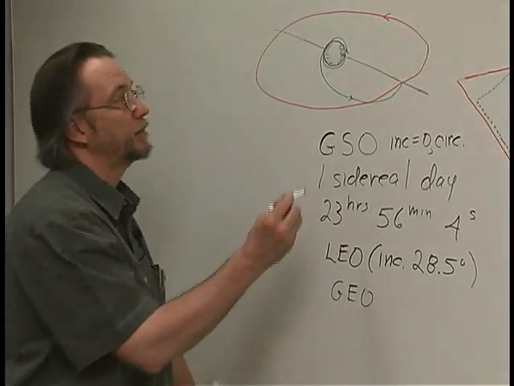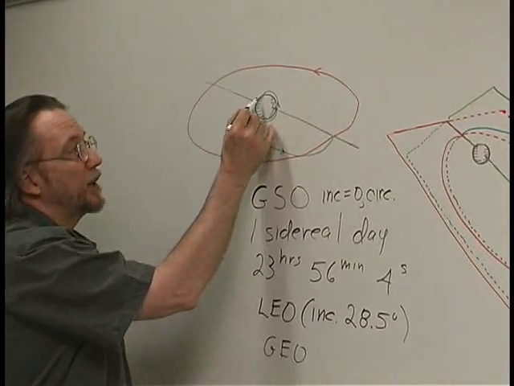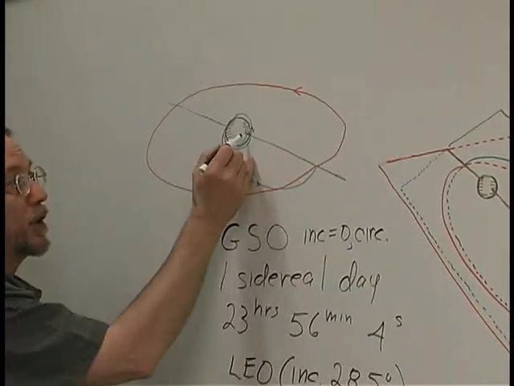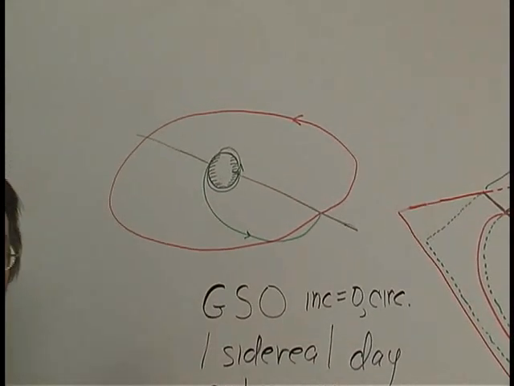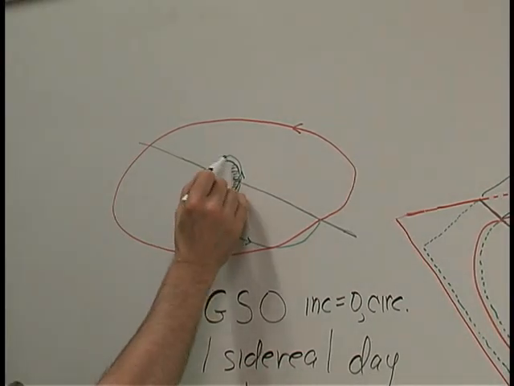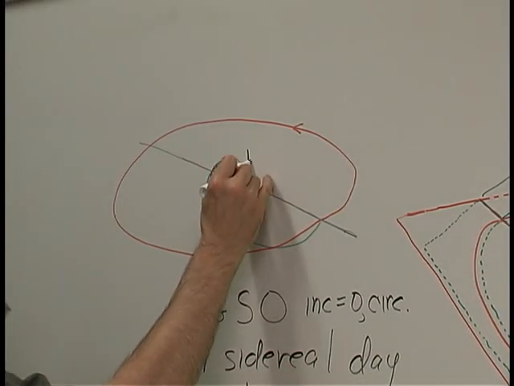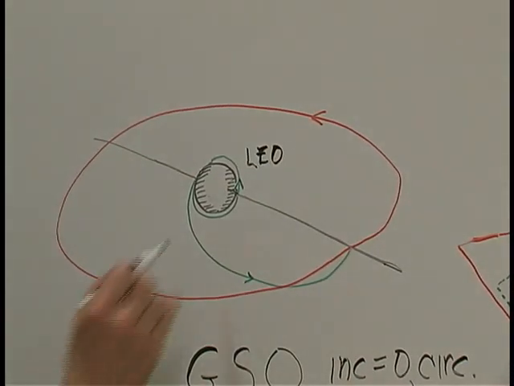So how do we get there? Well, here we imagine launching from the Earth from Cape Canaveral, and as we mentioned, we're going to be in an inclined orbit of 28.5 degrees, which is the minimum inclination that we can get at Cape Canaveral. We launch into this low Earth orbit, so there's our LEO at 28.5 degrees.